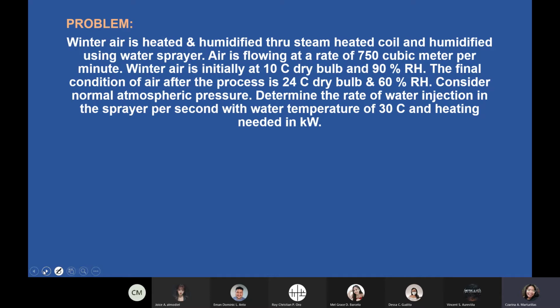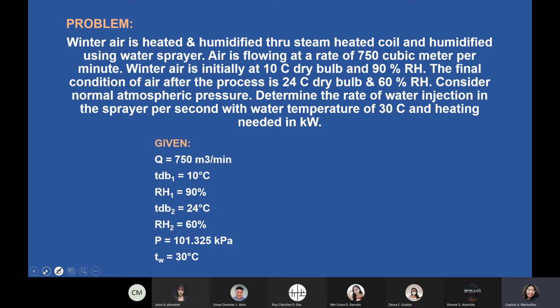Air is flowing at a rate of 750 cubic meters per minute, and the winter air is initially at 10 degrees Celsius dry bulb and 90% RH. The final condition of the air after the process is 24 degrees dry bulb and 60% RH. Consider normal atmospheric pressure and determine the rate of water injection in the sprayer per second, with a water temperature of 30 degrees Celsius, and the heating needed in kilowatts.